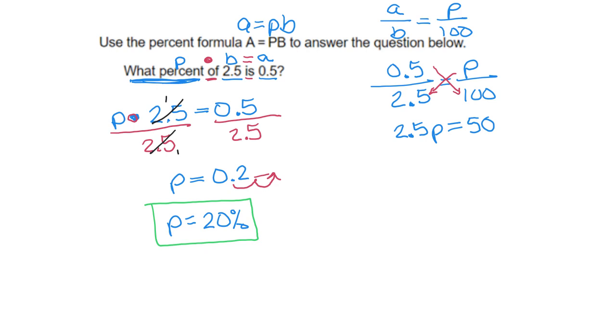Then again, we have to get P by itself. We will divide both sides by 2 5/10. This divides out or cancels the 2 5/10 on the left side. Leaves you just P. And if you work this out, you're going to get the answer 20.